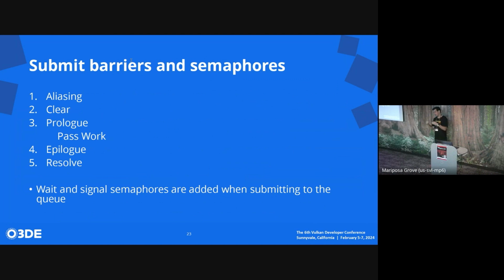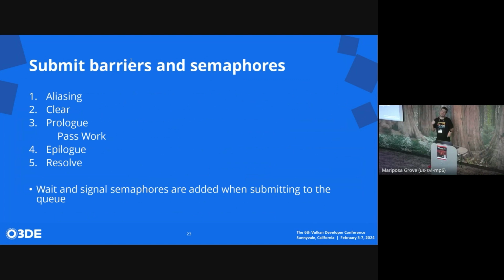Then comes the time for the pass to submit its own work. After it finishes, we have what we call the epilogue stage, where any barriers that need to happen after the execution of a pass are recorded. For example, any release of ownership barriers are recorded at this point.